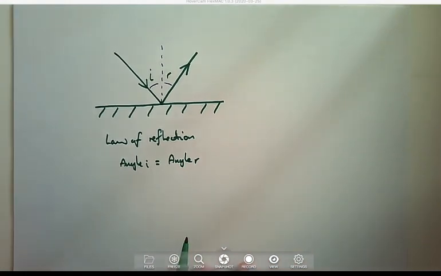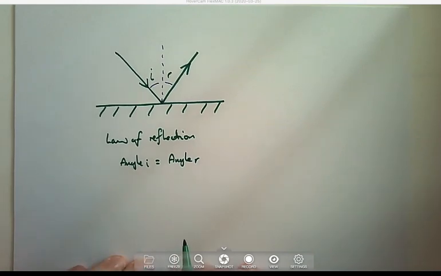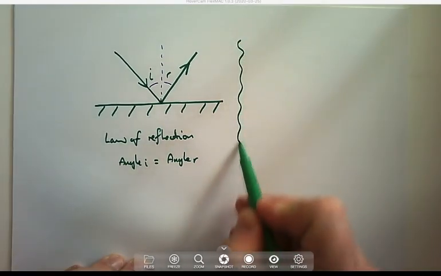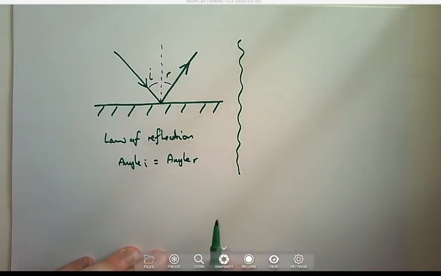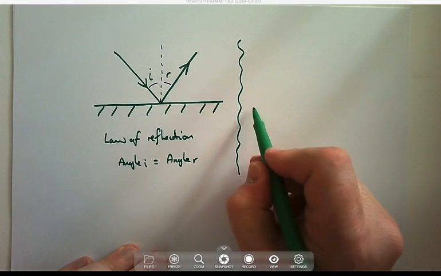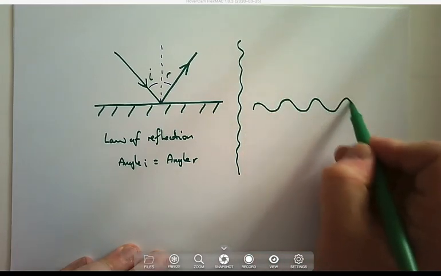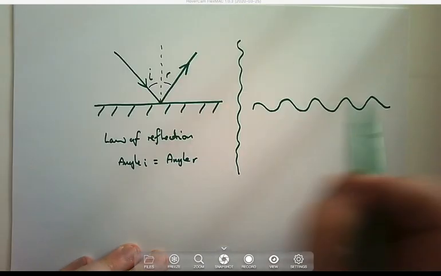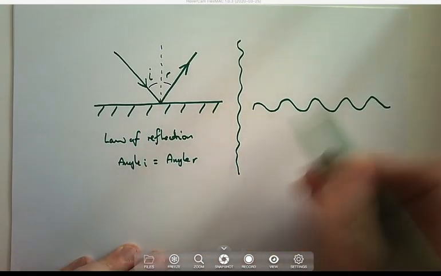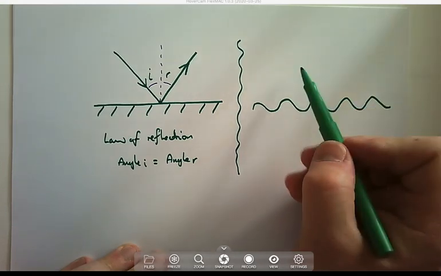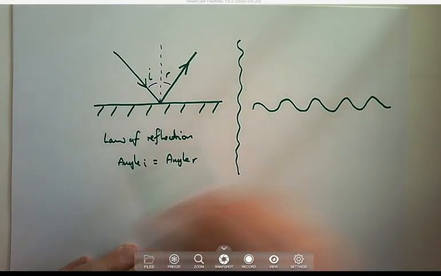Now, just for comparison, if we looked at what a reflection would look like from a rough surface, that's our rough surface, our angle of reflection is still going to be the angle of incidence.